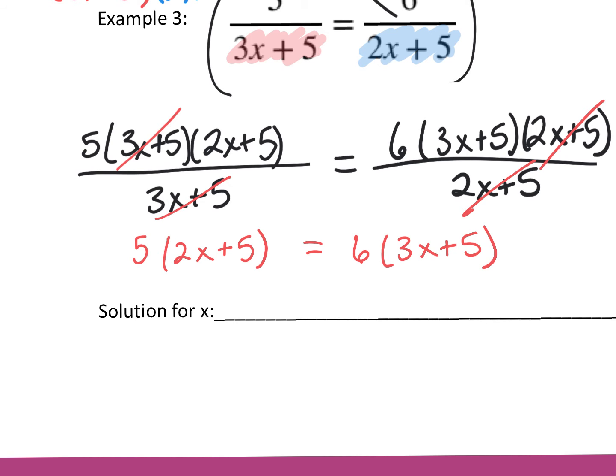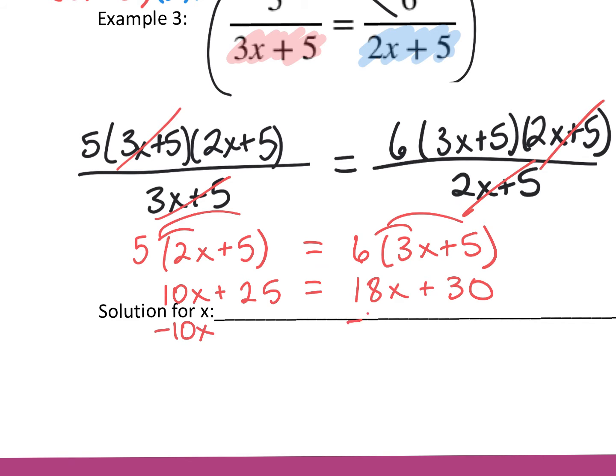So on the left I would distribute. Yep. So this becomes 10x plus 25. Equals. Perfect. And now we need to combine like terms. I like to move the smaller variable, so I'm moving the 10x over by subtracting it.